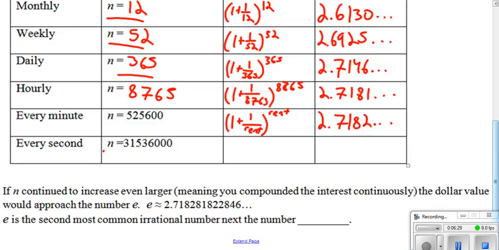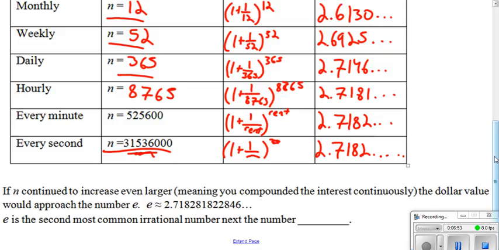Same thing here with how many seconds there are in a year. I'm not even going to write that out, but we know it would be 1 plus 1 over whatever this value is, a lot, to that power. It's going to come to 2.7182 something. Again, it's not much, but it's going to be bigger than what it was before.